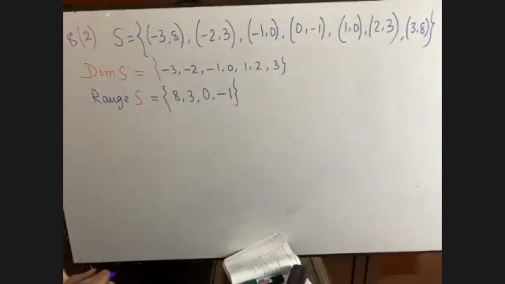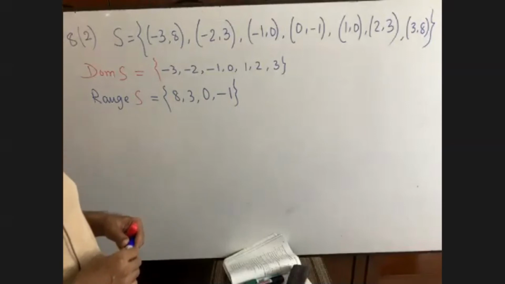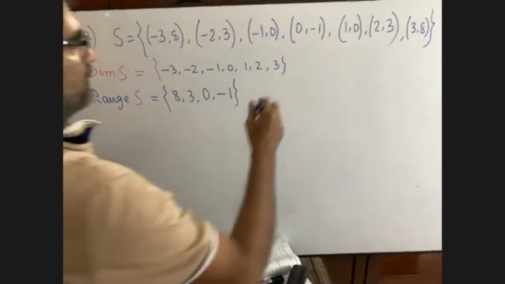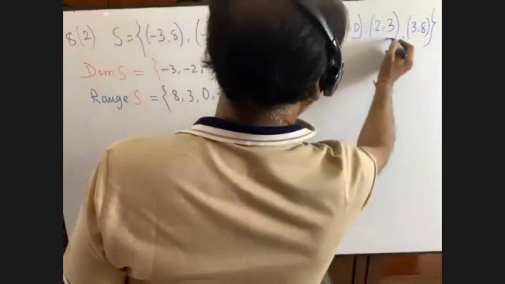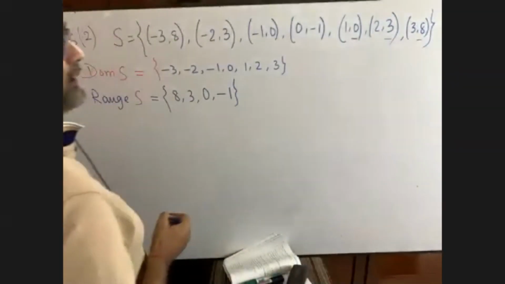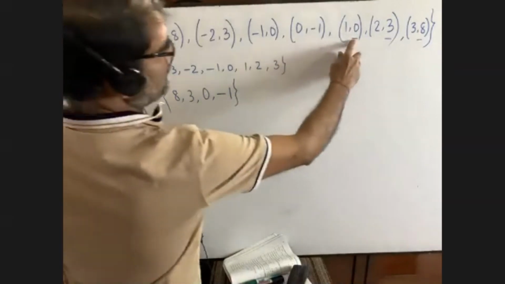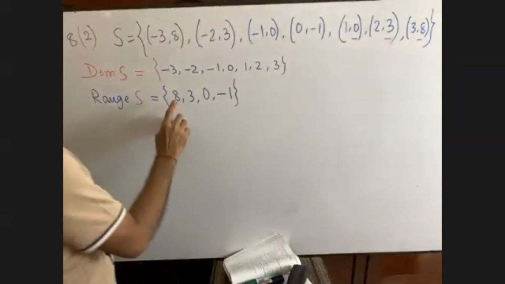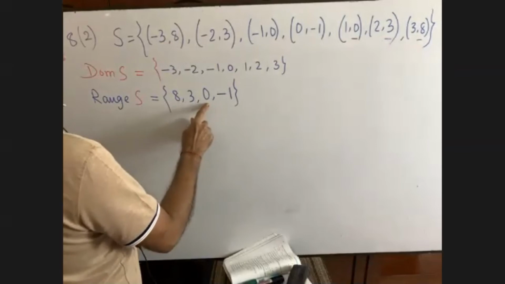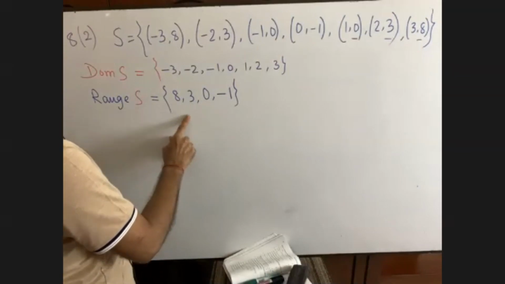But some of you may ask why these are not written. 0, 3, 8. We are not going to write down this 0, 3, 8 because they have already been taken. Have you seen?